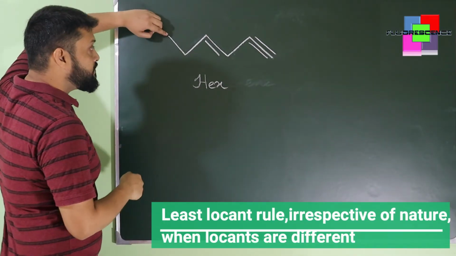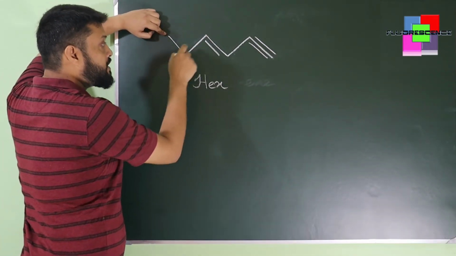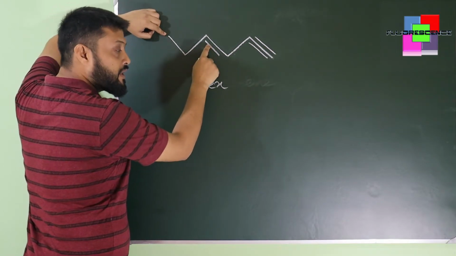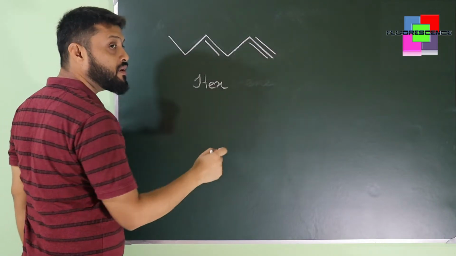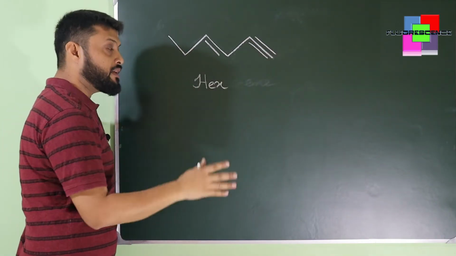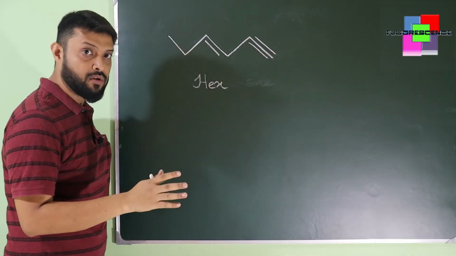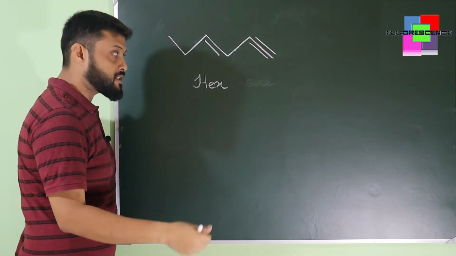If you start from this end, the double bond is starting from 3. If you start from this end, the triple bond is starting from the first position. So whether it is a double bond or a triple bond, we will give priority to the locant.